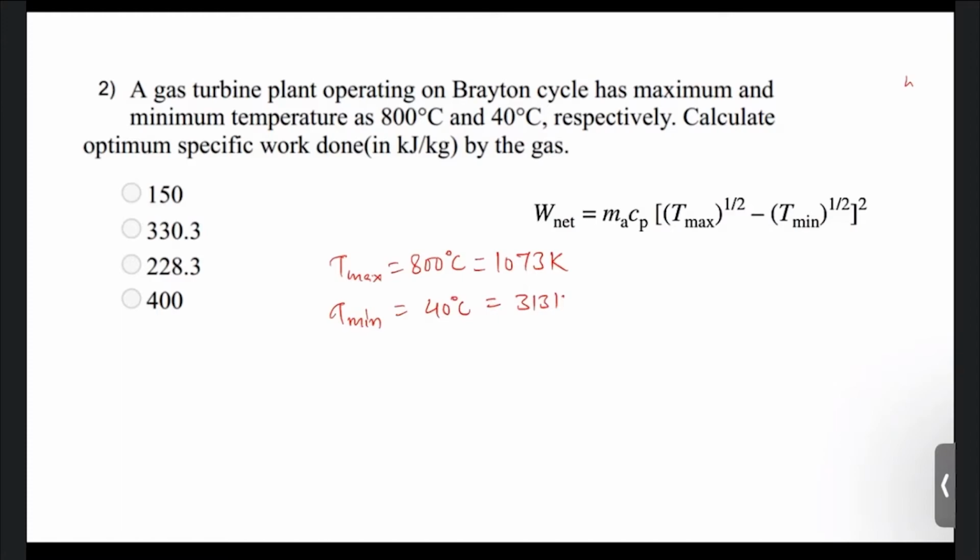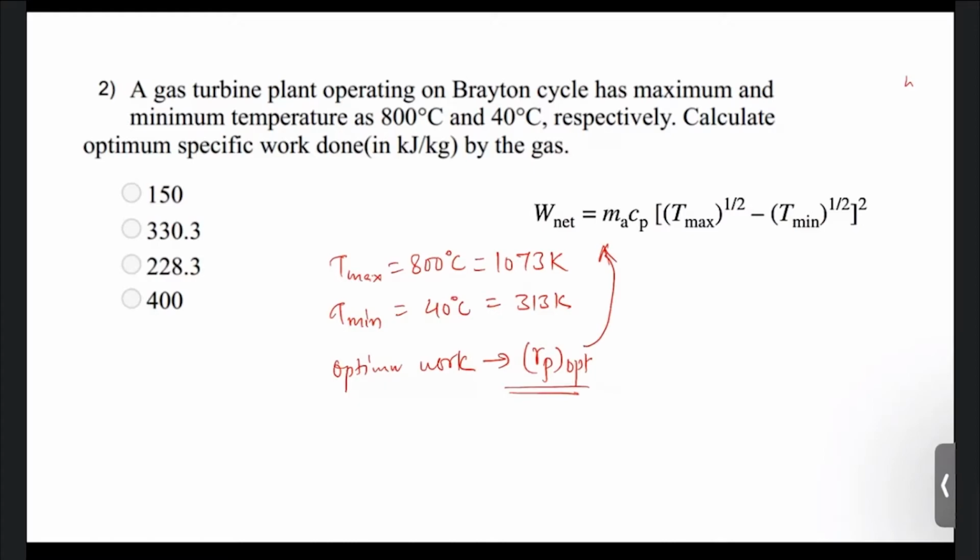So as we saw in the last few slides, the optimum work is at r_p optimum, and at this r_p optimum, the total work done is m c_p times (root of T max minus root of T min) raised to power 2.